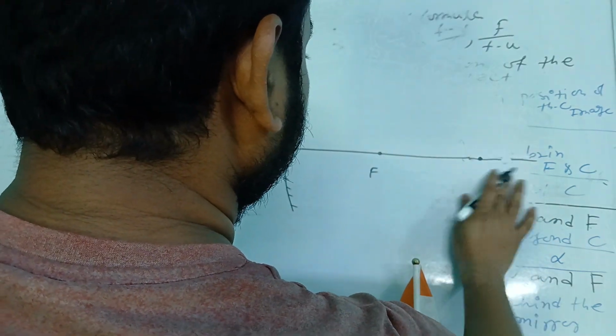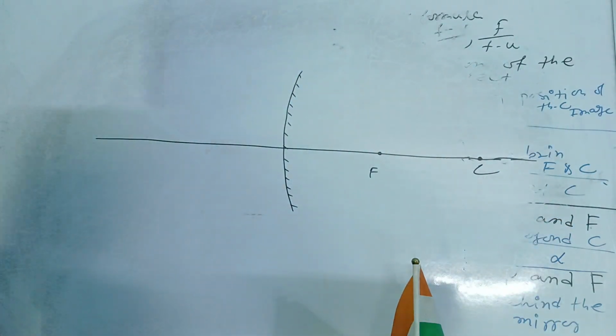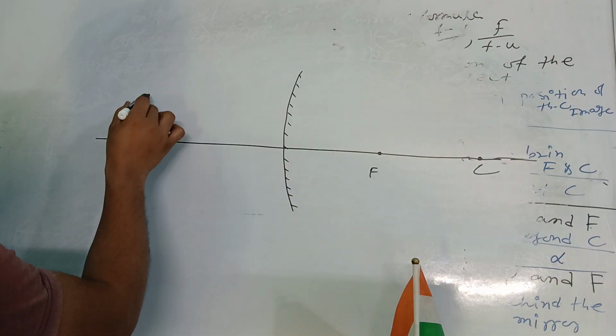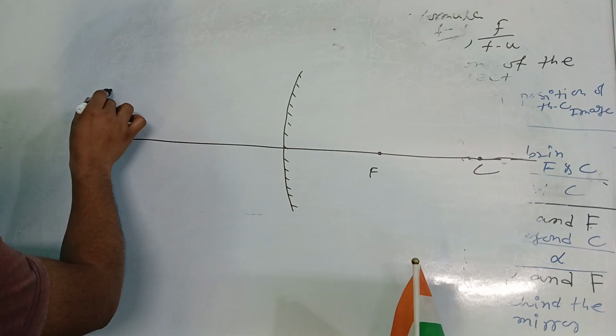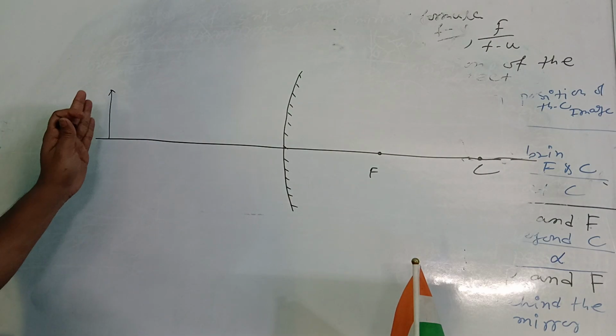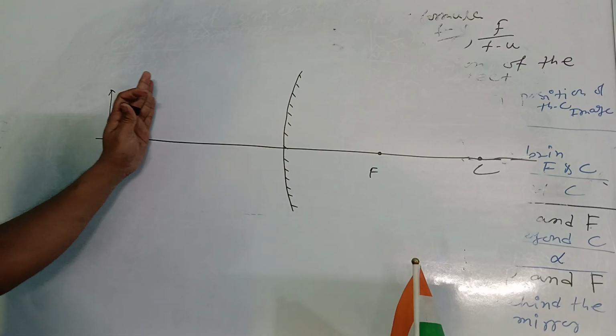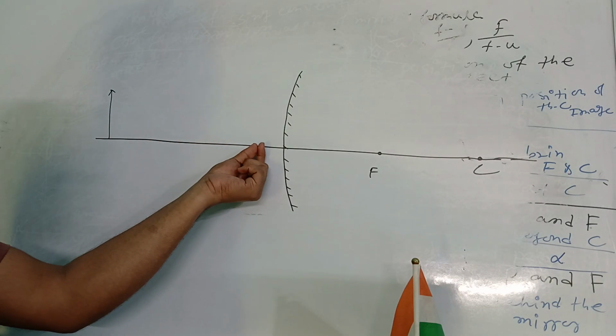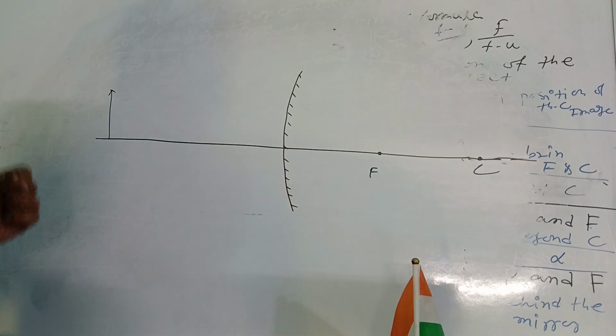So let me write this is the center of curvature, focus. And I am taking one object very far. Next we will shift this object towards the mirror. So I am taking here, I will take at mid, and will take very near to the mirror, to see.